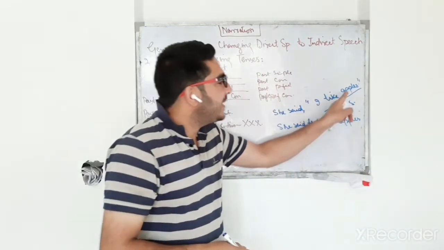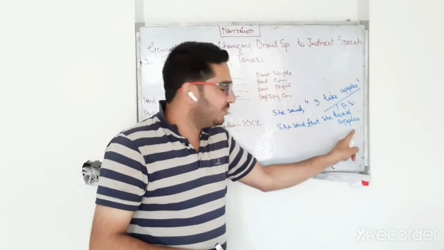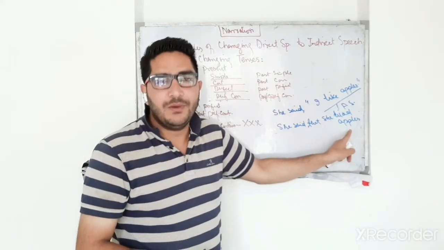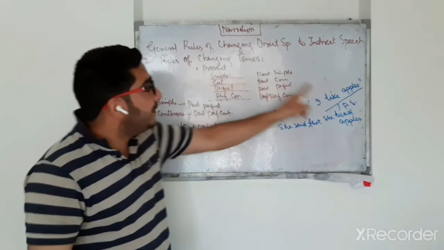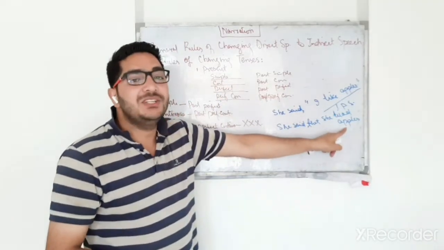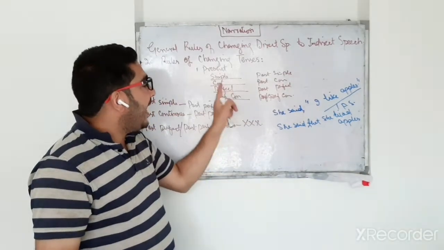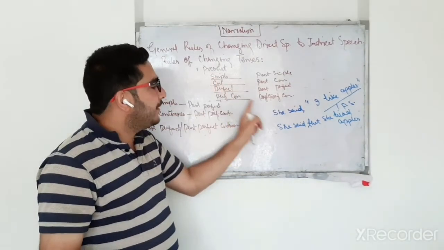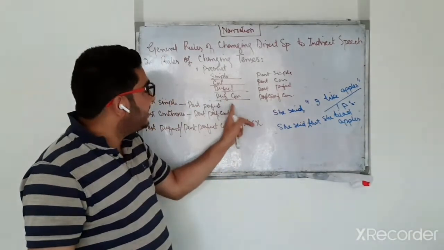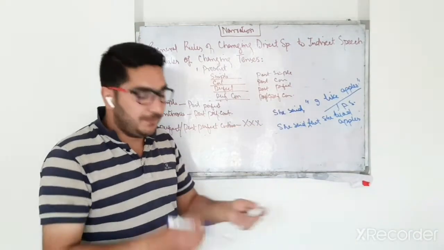So present simple is changed into past simple. If the sentence had been present continuous, it would have been changed into past continuous. If the sentence had been present perfect, it would have been changed into past perfect. In the same way, present perfect continuous into past perfect continuous.